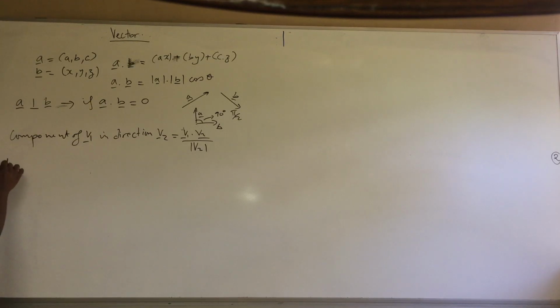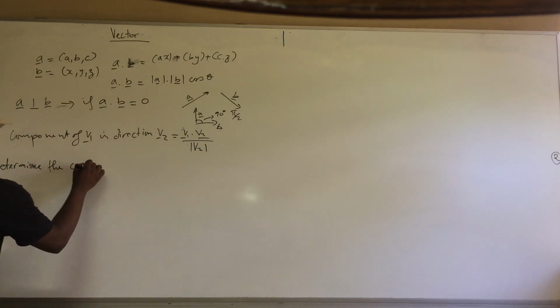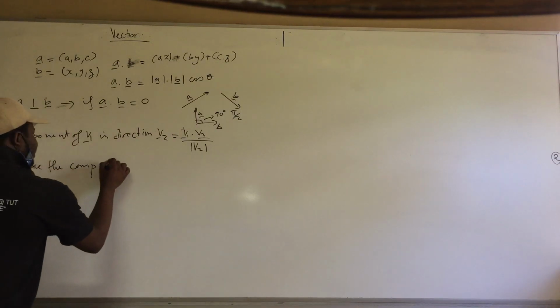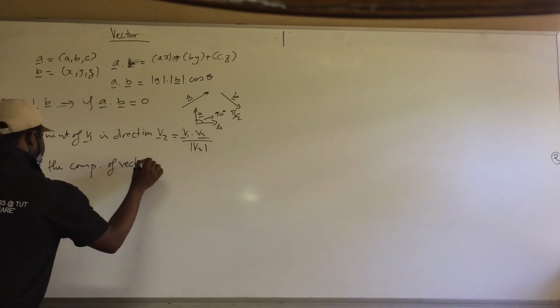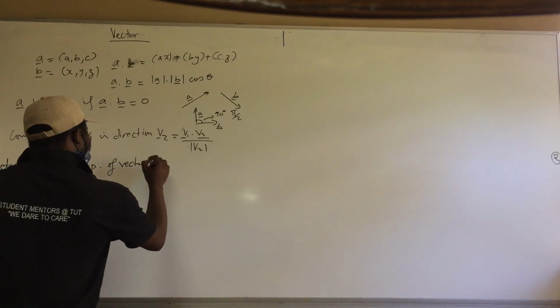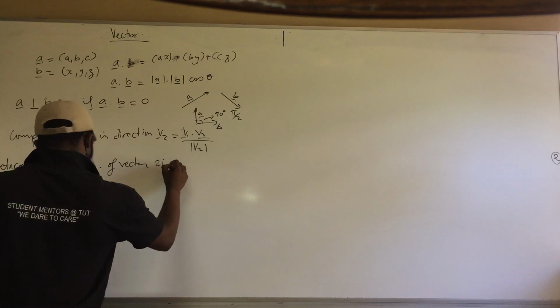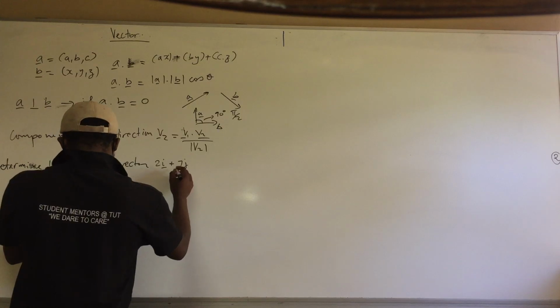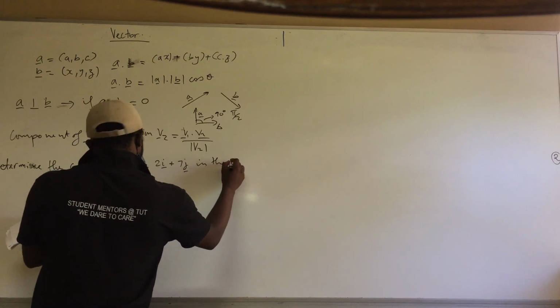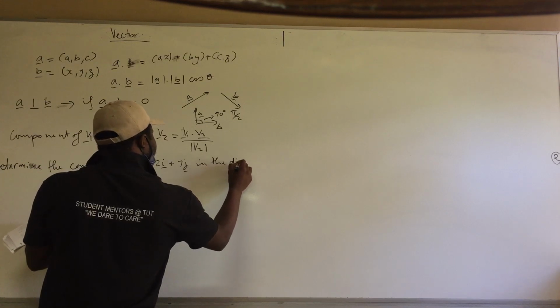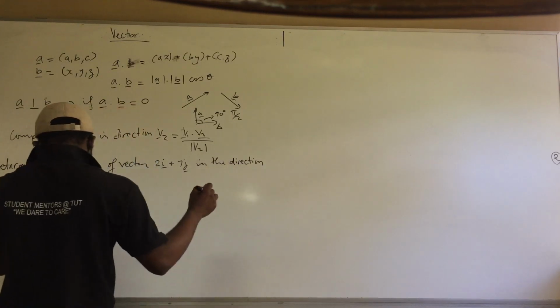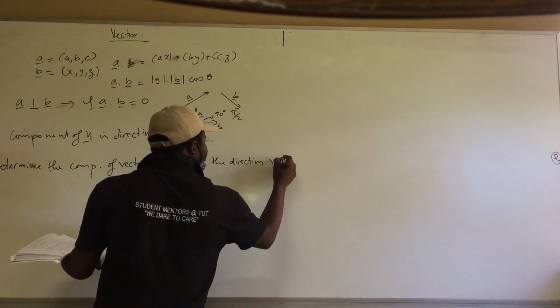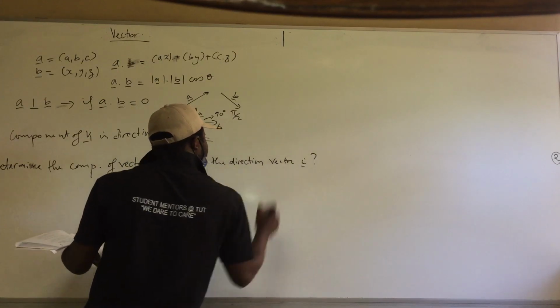They said determine the component of vector 2i plus 7j in the direction of vector i.